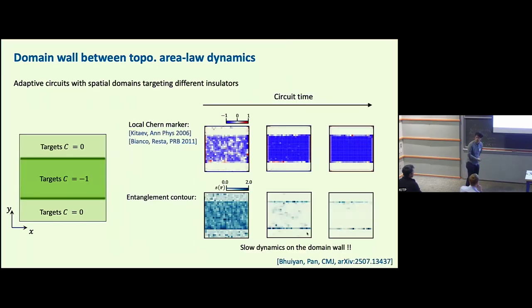And in fact, these dynamics on the edge are pretty slow compared to what's happening in the bulk. Okay, so this is still an evolving story. We are still trying to find a better way to quantify what exactly is happening on the bulk. But for sure, this tells you that there's some slow dynamics, some sign of edge modes in this completely out of equilibrium system.